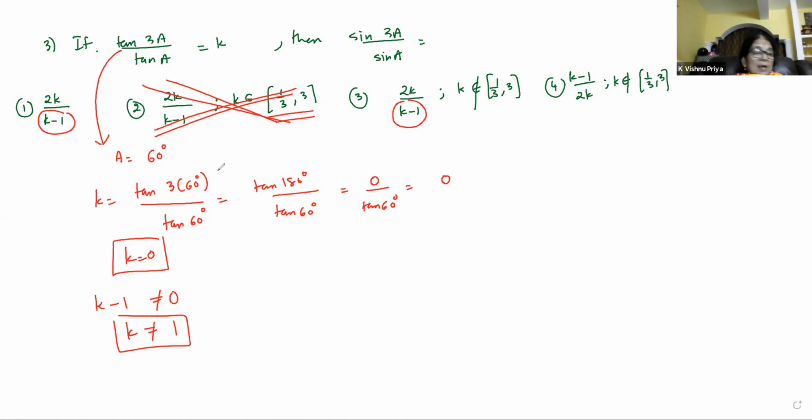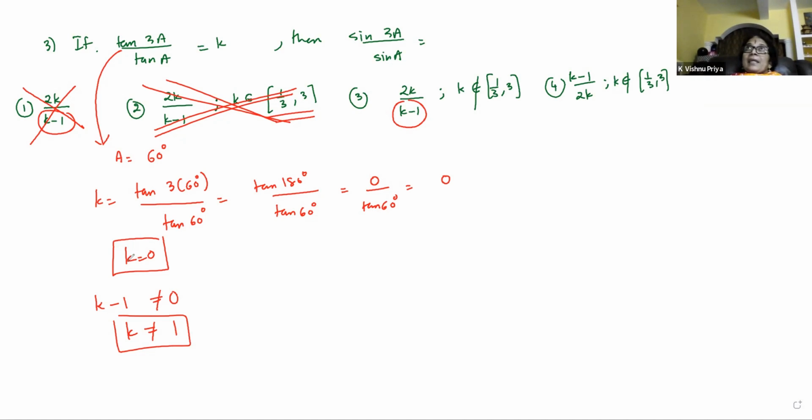Next, what about the first option? I can't take the first option because they did not give any restriction. They did not tell you anything about k. That means you can take k as anything. That is what they are saying.